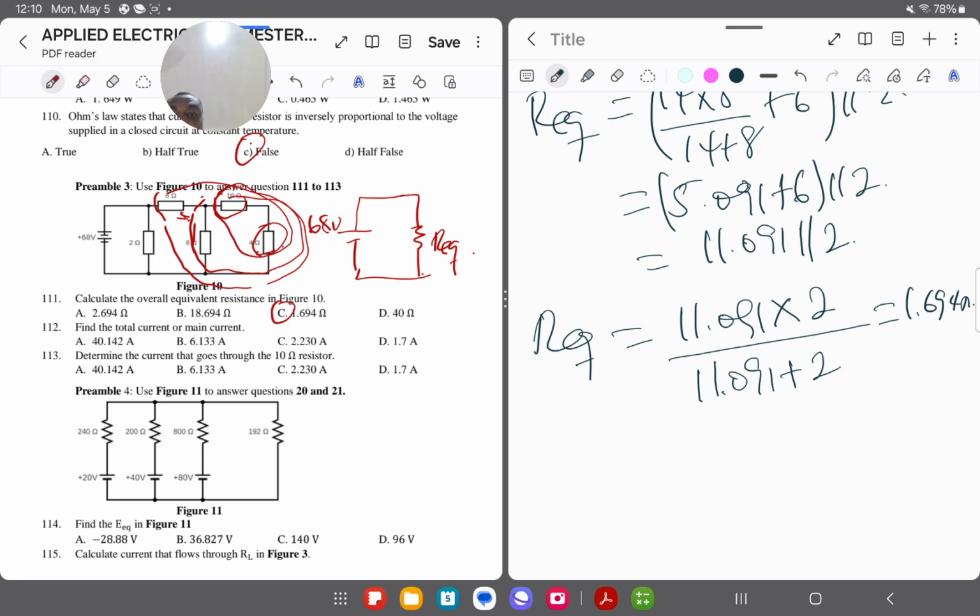We are interested in the current, I. So I here is going to be equal to the voltage source, which is 68, divided by our equivalent resistance, which is 1.694. That is the inverse of this times 68. So that will give me 40.13.